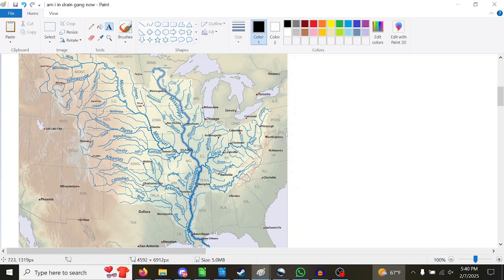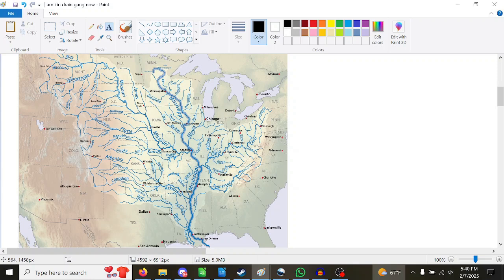Up here you see all these rivers, and what's interesting is how many cities are built along these rivers. You got St. Louis, obviously, Memphis, New Orleans. Up here, even cities like Cincinnati, Louisville, something like Chicago is where it is because while it's in the Great Lakes, it's close to this river system.